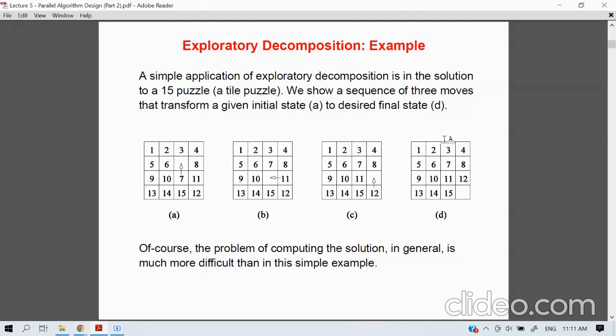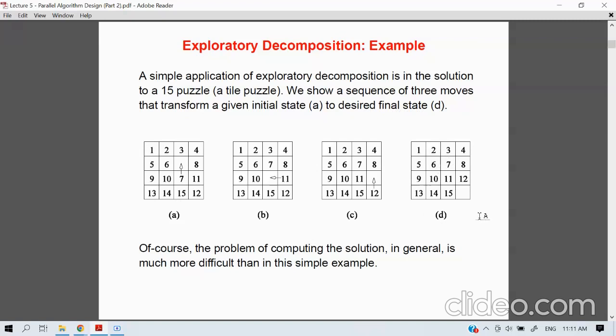In this example, a sequence of three moves, 1, 2, 3, transforms a given initial state, state A, to the desired final state, which is D.